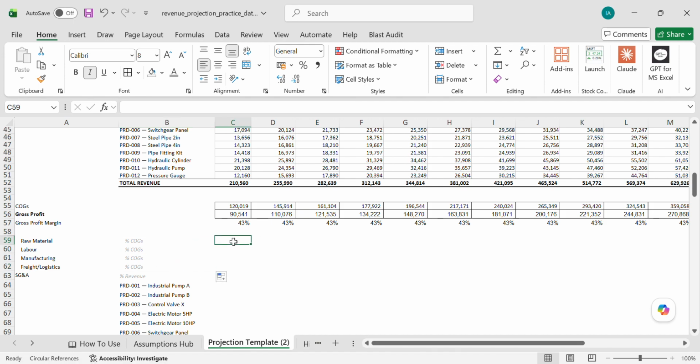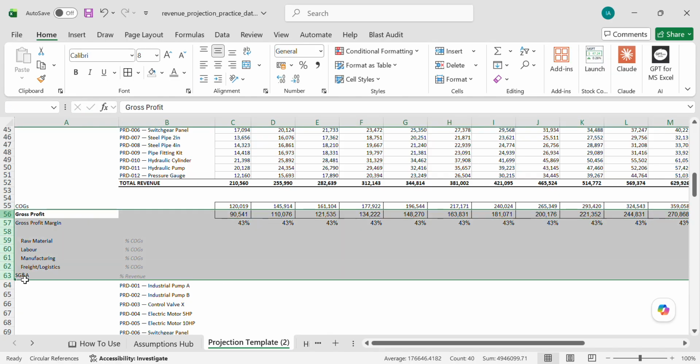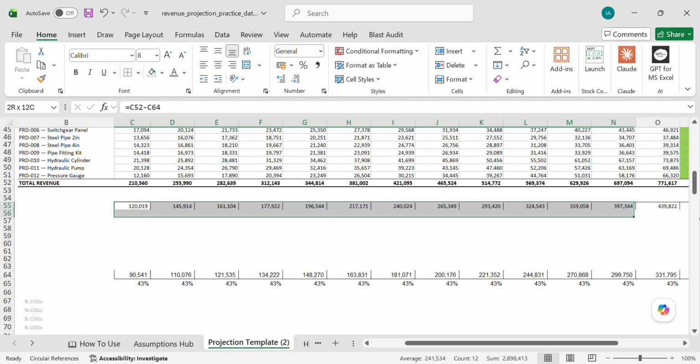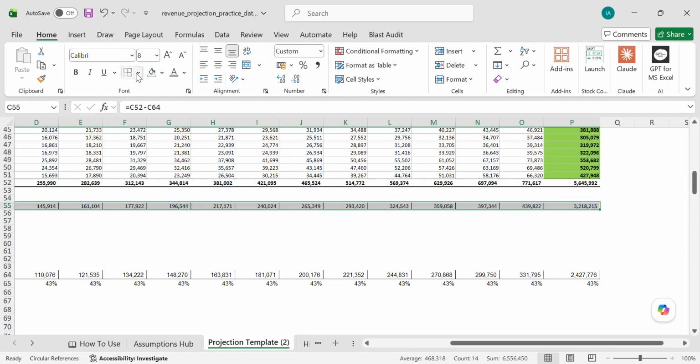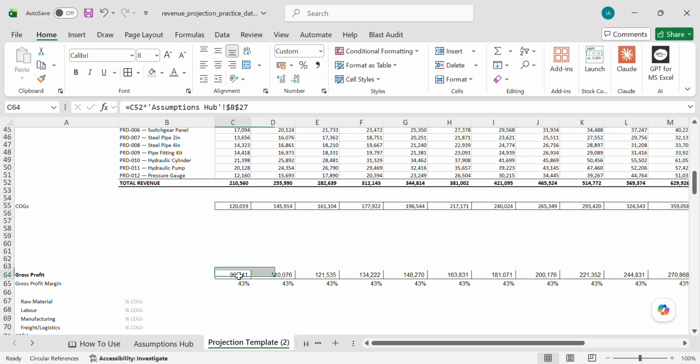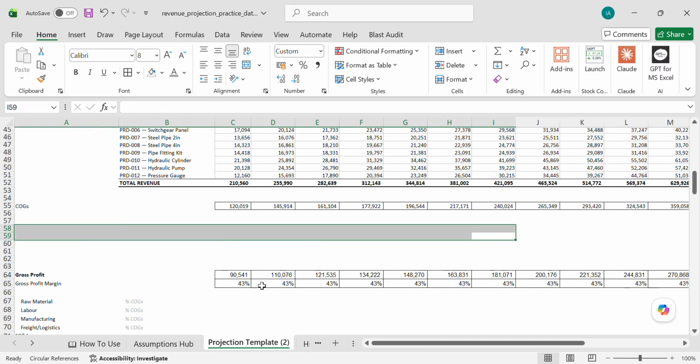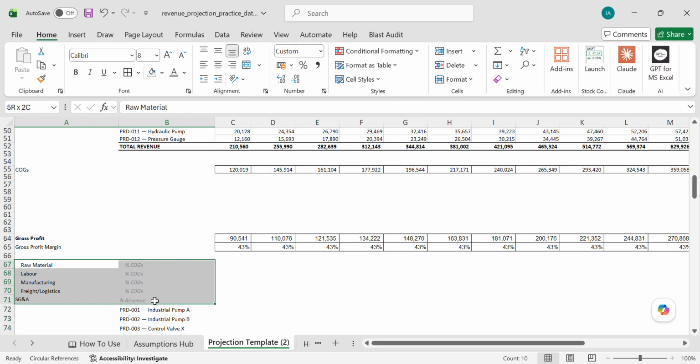So percentage of cost. The percentage I've been given here will be this. So let's bring this one here. These are cost items.